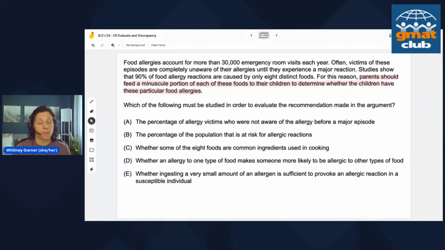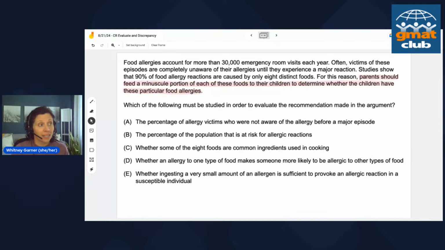So for example, answer choice B. Does it matter to me what percent of the population is at risk for allergic reactions? They told me 30,000 emergency room visits per year. I don't know that I care that this is 30,000 out of a population of 1 million or 30,000 out of a population of 1 billion.